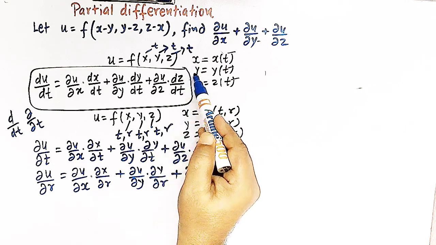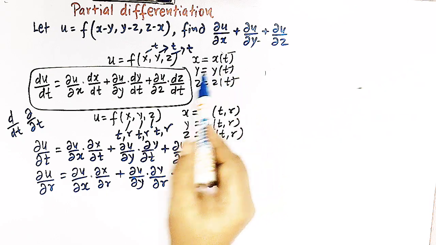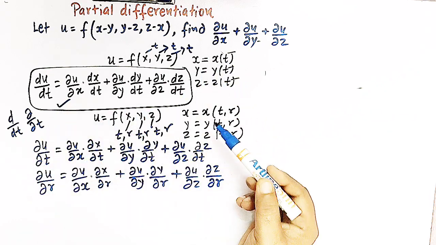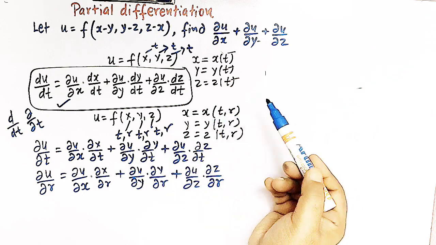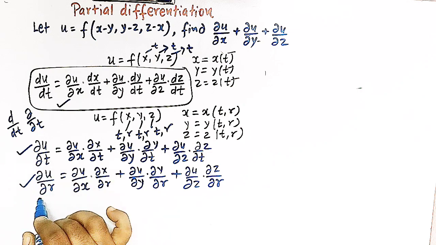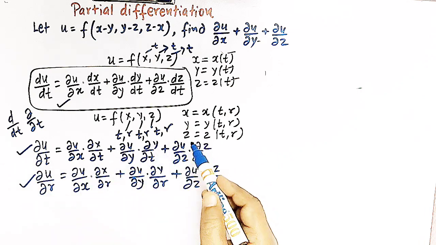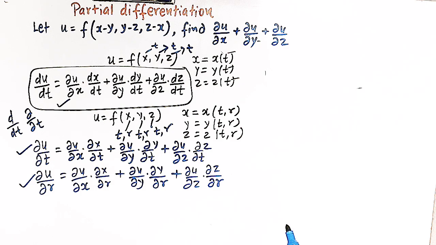So when x, y, z are functions of only one variable t, then we have this expression. But when x, y, and z are functions of two variables, then here we have two expressions. And similarly, we can extend this process for more variables also.